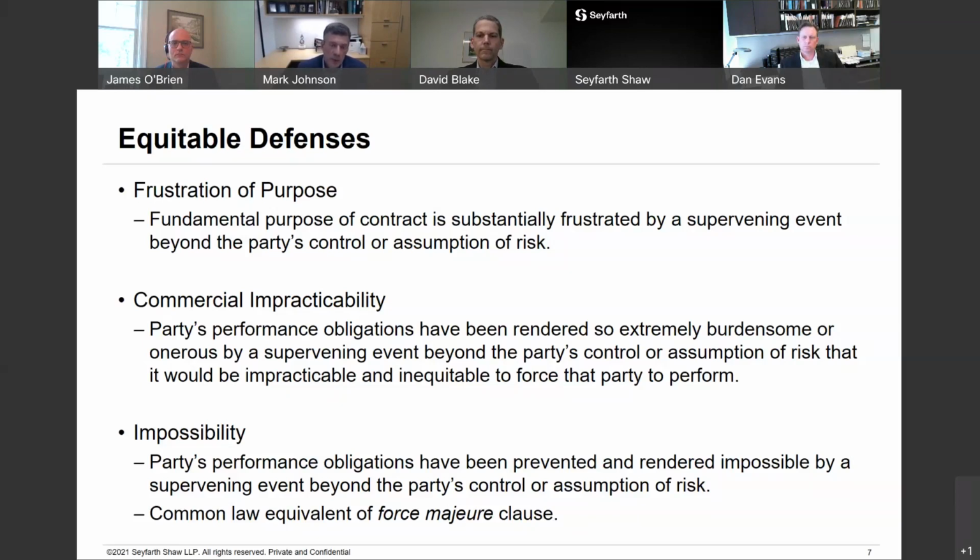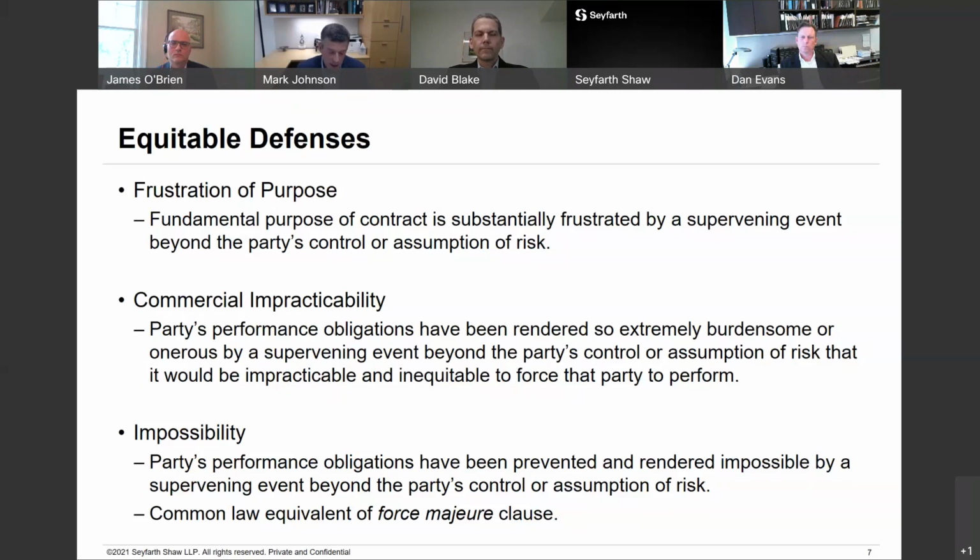The first two, frustration of purpose and commercial impracticability, are really very common. Neither of those prevent performance. Under the frustration concept, performance is still possible, but the purpose of the contract has been substantially frustrated by a supervening event beyond the party's control. Commercial impracticability is similar, where performance is still possible, but it would be so extremely burdensome or onerous that it's really impracticable or inequitable to require that party to go ahead and perform.